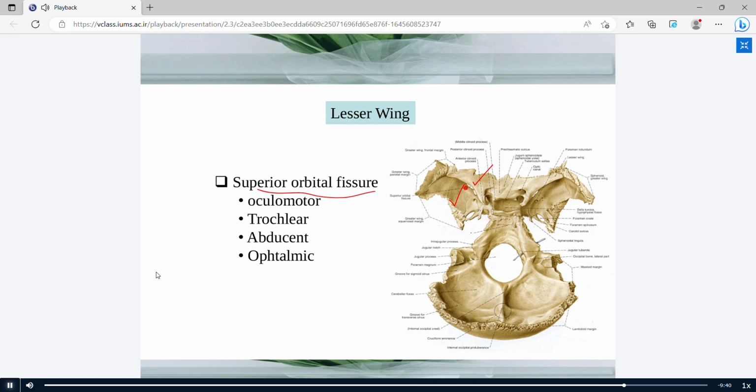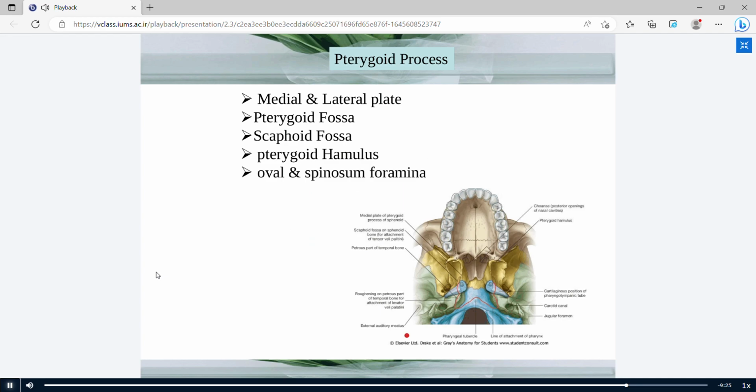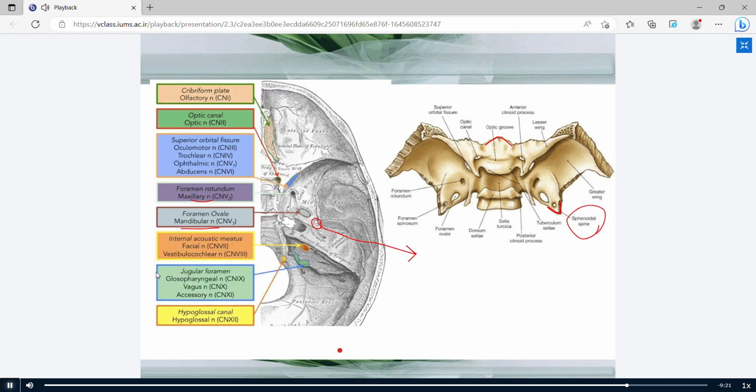And through the superior orbital fissure, these nerves pass: the oculomotor nerve, trochlear nerve, abducent nerve, and ophthalmic nerve. And the blue area is the superior orbital fissure, for passing four nerves.